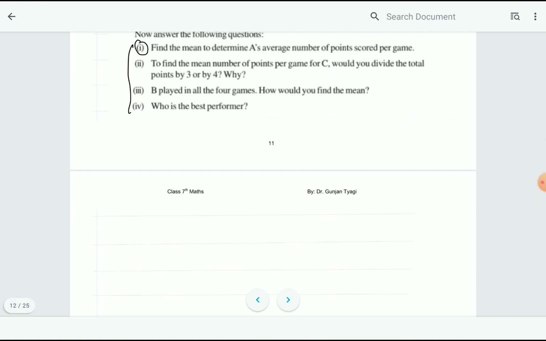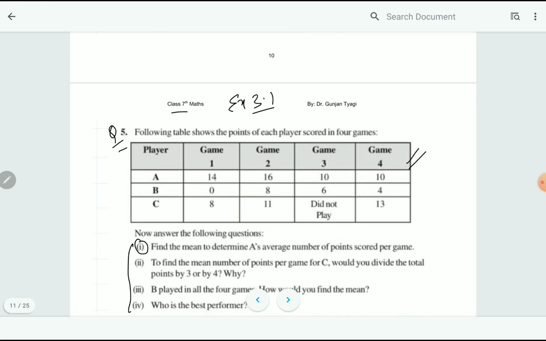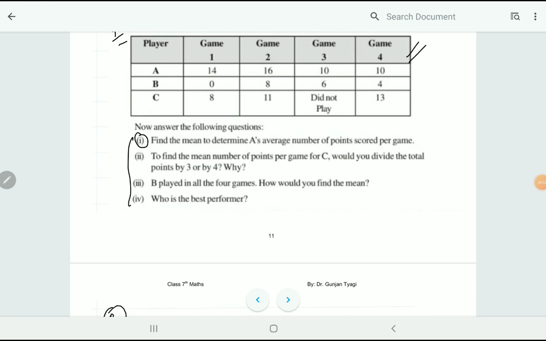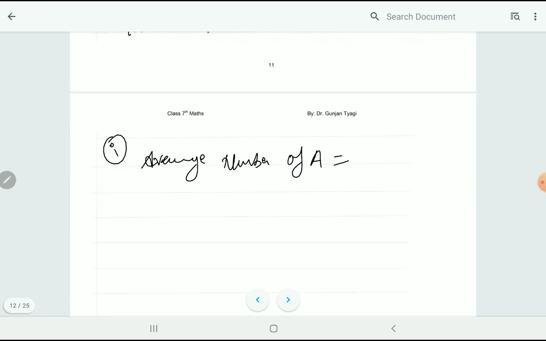So the average of A is equal to the sum of the observations divided by the number of observations. The sum of the observations is 14 plus 16 plus 10 plus 10, divided by the number of observations: 1, 2, 3, 4, total 4 observations are present there.